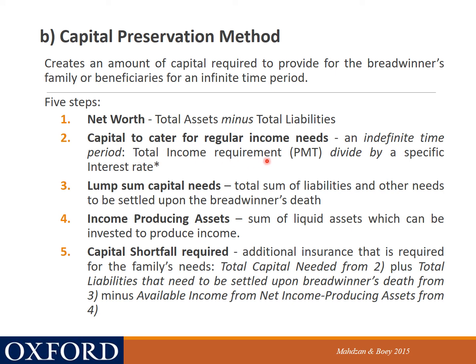In the capital liquidation method, we assume that there is an end, how many years we want the annuities to go on. But for this example, we will just take the total income requirement or the annuity divided by a certain interest rate that we shall assume. And then the rest of the methods are the same.